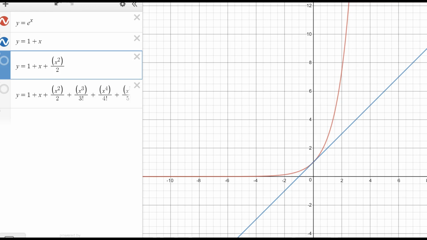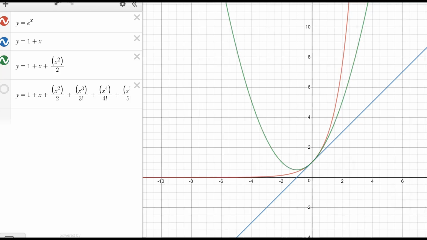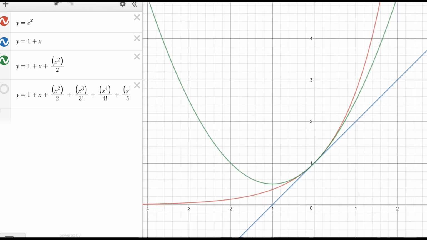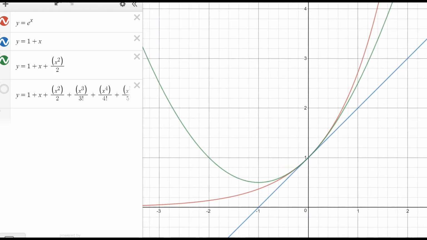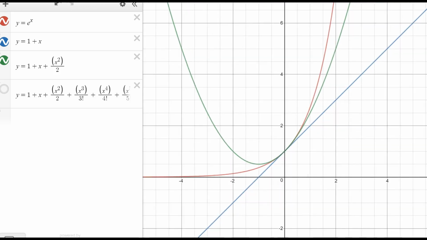If I take that away, this is the quadratic, or degree 2, Maclaurin approximation of the function y equals e to the x. And if you compare these two, just look, right? Do you see how the green parabola is a better approximation for y equals e to the x at x equals 0 and at values of x close to x equals 0?